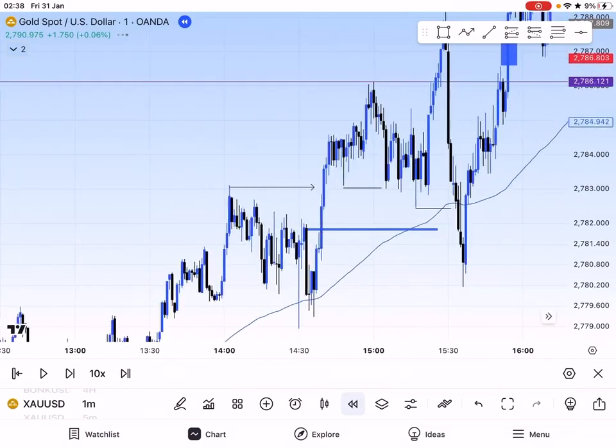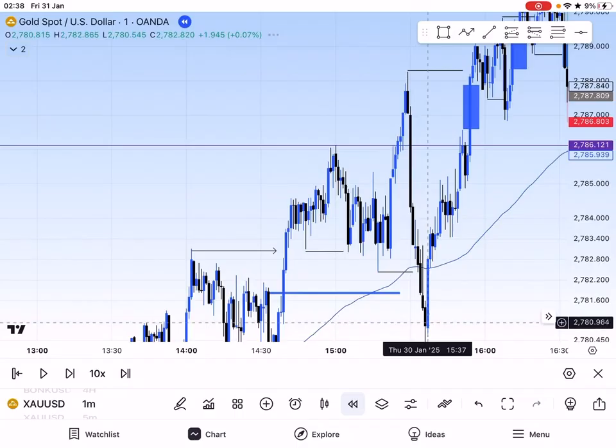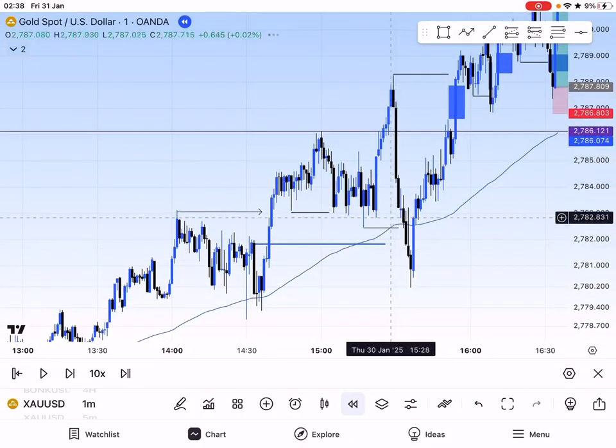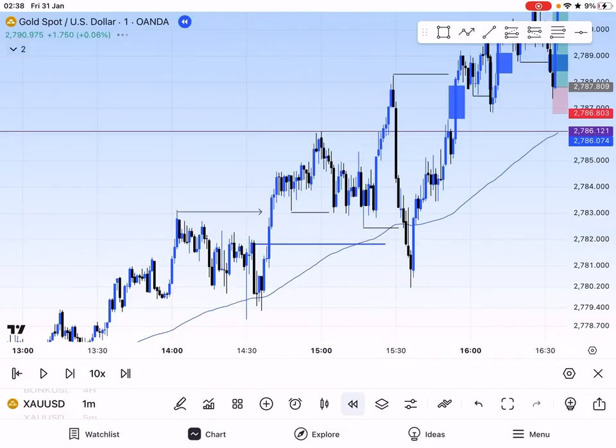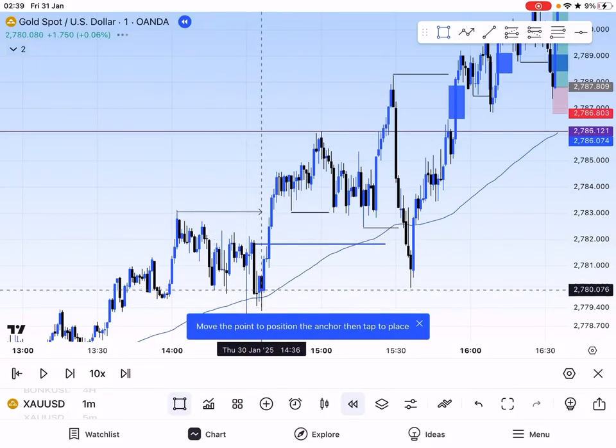And what happened? What can we see here? As price went here, you see this drop. You can see that there is actually bearish momentum behind it. It takes out the inducement and comes to tap into this SNR zone here.